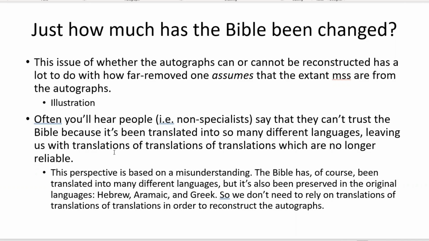At the same time, I do think it's overly skeptical to assume that the extant witnesses, especially the really early ones, are so far removed from the originals that we can't have any confidence about what the authors themselves wrote. Also, what you'll usually find is that people who take this kind of hard skeptical view are often inconsistent in the way that they treat other ancient works.